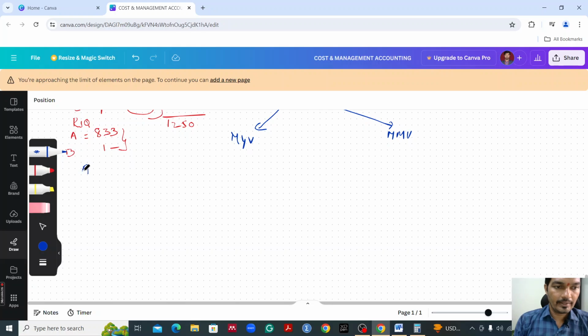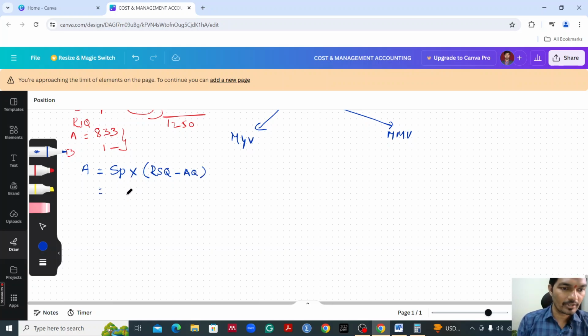For material A, to calculate the material yield variance, we use standard price multiplied with revised standard quantity minus actual quantity.